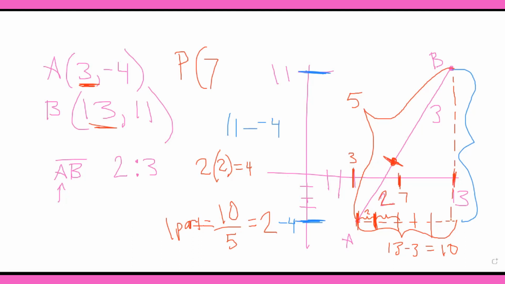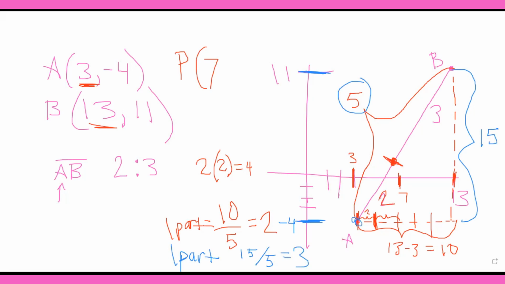That would also give us 15. So 15 is my total distance in the y. And again, I want to divide that into 5 parts. So 1 part would be 15 over 5. That means 1 part equals 3.